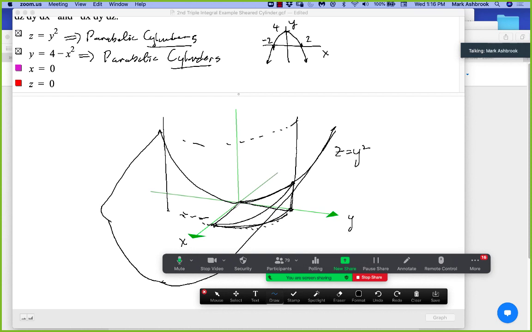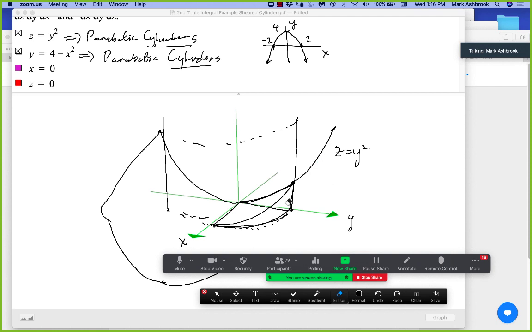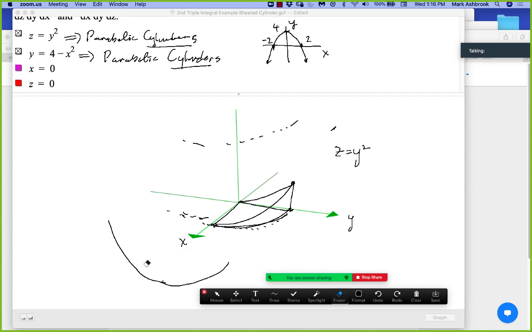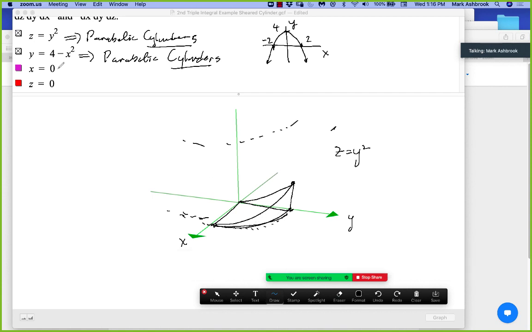It's that kind of curved wedge thing back there. So let's erase some things we don't need here. Okay, do you see it? Does it make sense? This vertical lateral surface is y equals 4 minus x squared. The top of this thing is z equals y squared.